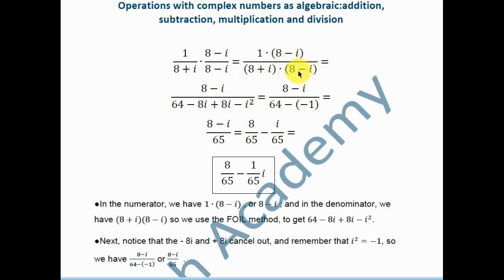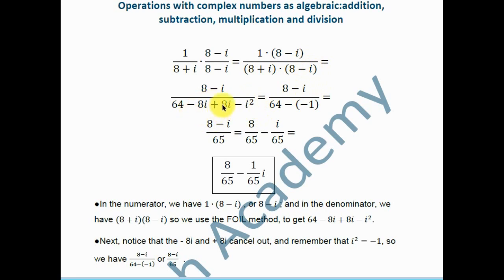We'll make this product using the FOIL method. 8 times 8 is 64. 8 times minus i is minus 8i. Plus i times 8 is plus 8i. Plus i times minus i is minus i squared.